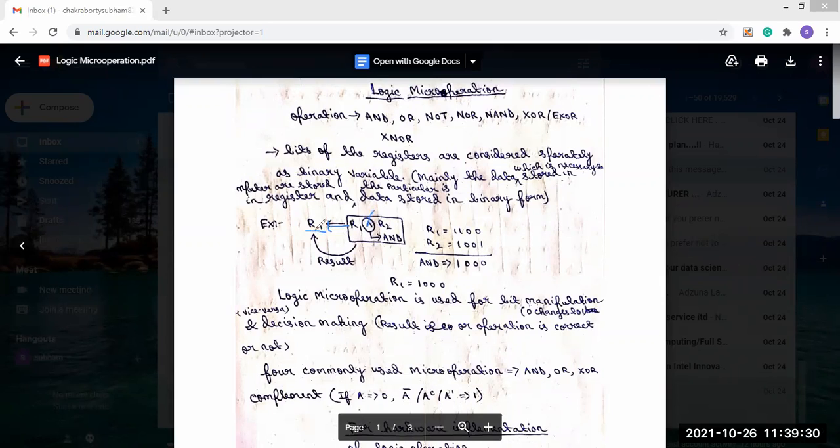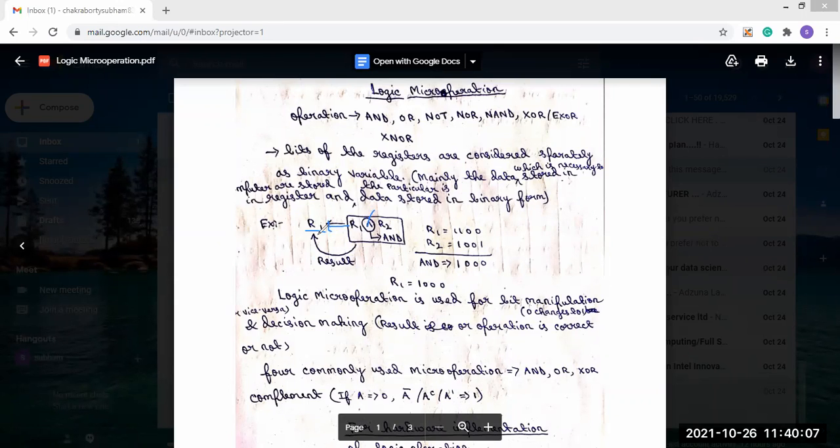So when this operator is given, we have to perform the AND operation between the data stored in the R1 register and the data stored in the R2 register. After performing the AND operation, the result is generated and stored in the R1 register.